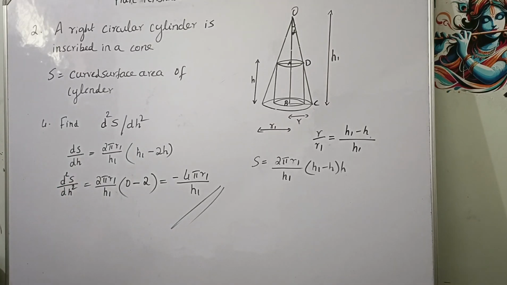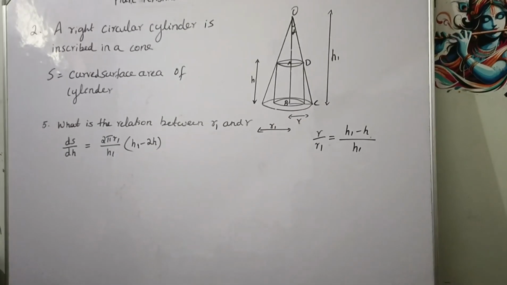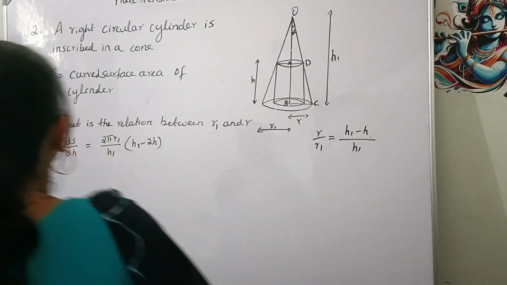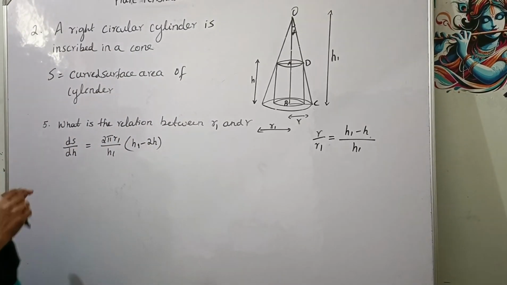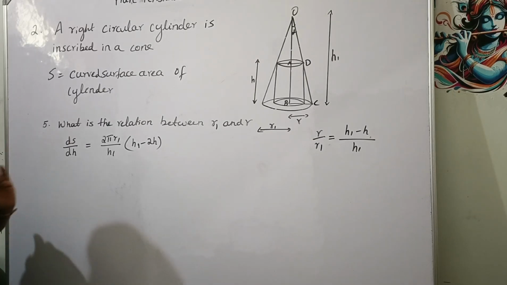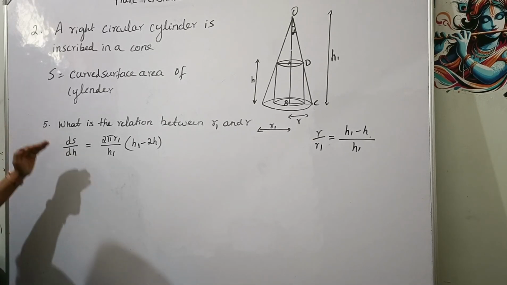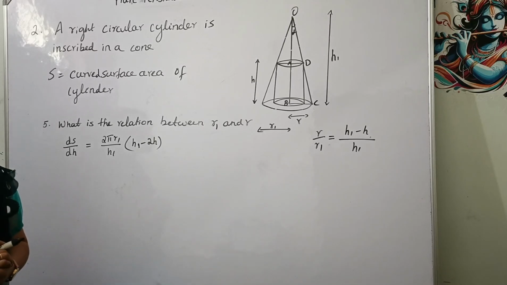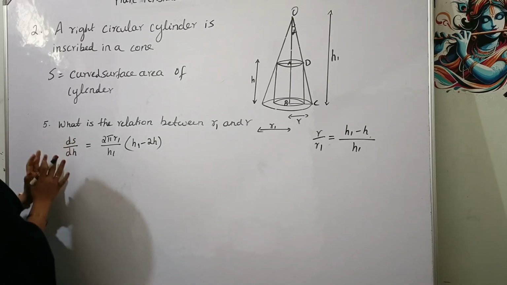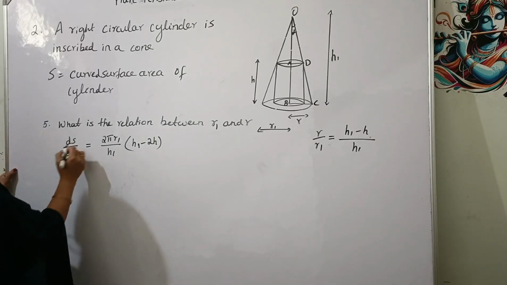Look at the next question. What is the relation between R1 and R? First of all, to find the relation between R1 and R, put dS by dH equal to 0. That is, the first derivative of S with respect to H is equal to 0.